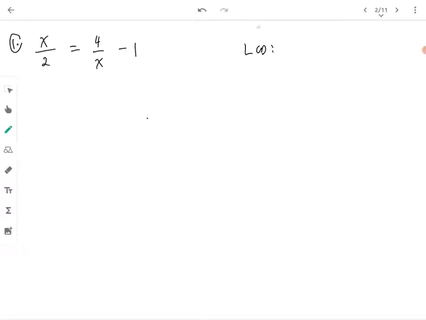Number 1, we factor the denominator if possible, but in this case 2 and x are our denominators, and there's no need to factor them. So we proceed with number 2, find the LCD. For 2 and x, the LCD is actually 2x.